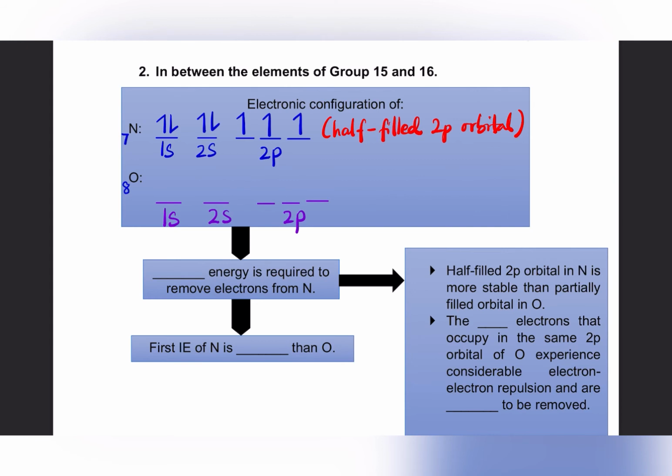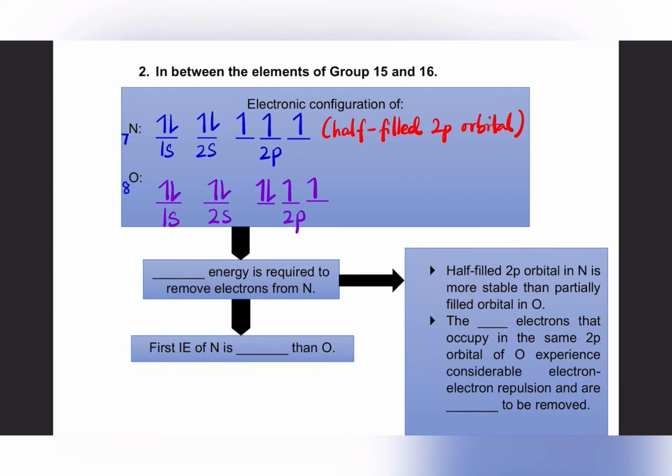So it's going to be 1s2, 2s2, and then 2p4. So 1, 2, 3. Follow the Hund's rule and Aufbau principle. And after that, one more at the front in the first room of 2p orbital.